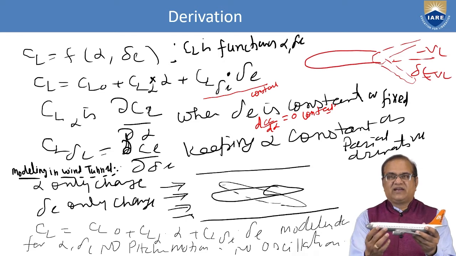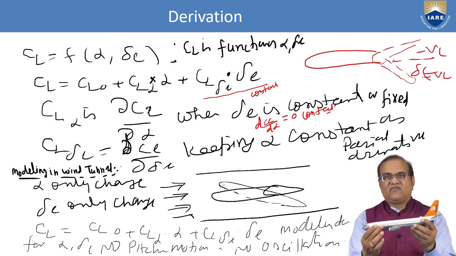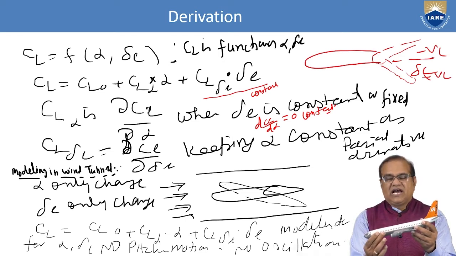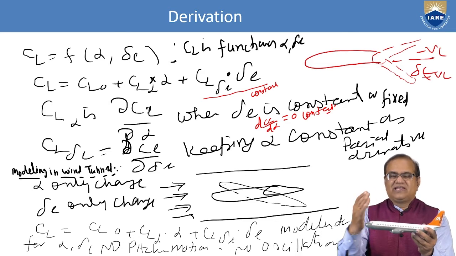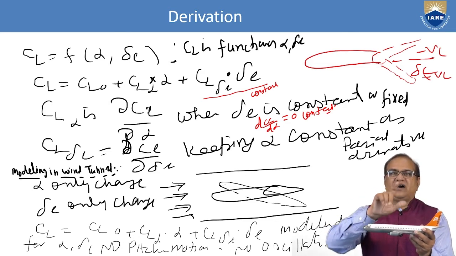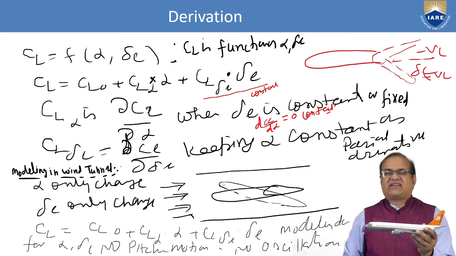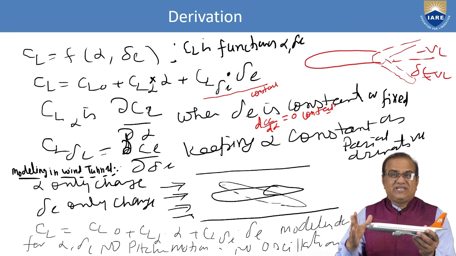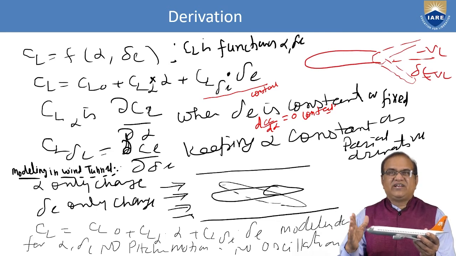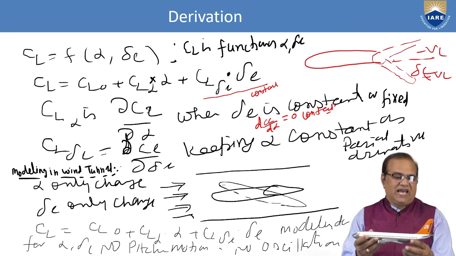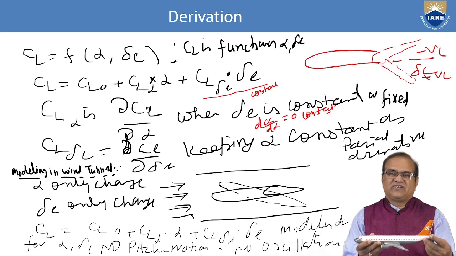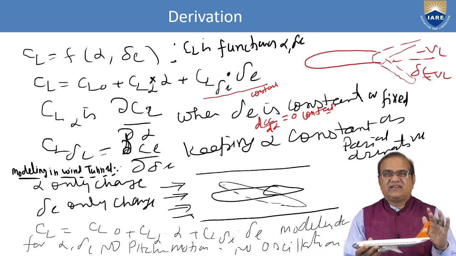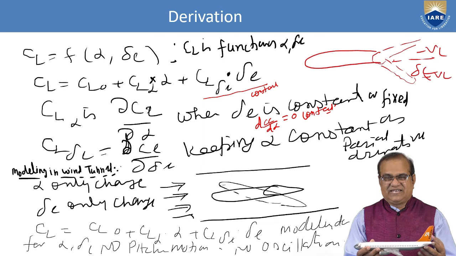Only the aircraft angle of attack alpha is changing. As alpha changes, the lift will change and the CL of this aircraft will change accordingly. In this case we consider CL alpha into alpha, as a partial derivative, with the other parameters kept constant.